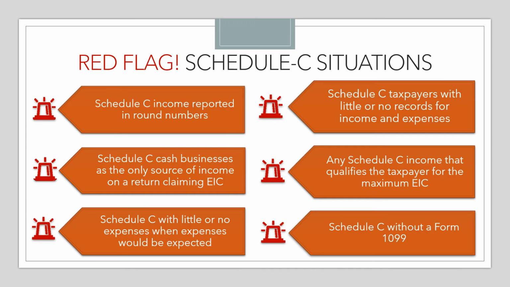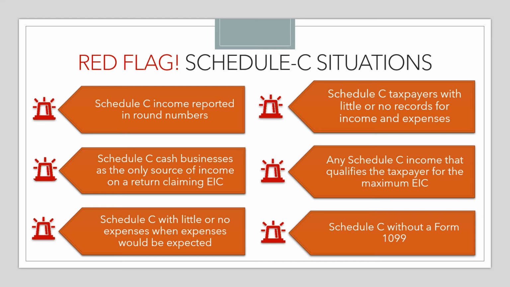Aside from issues that are really straightforward scope issues for VITA, with Schedule C and self-employed income, we do have some extra due diligence to perform. Again, this is something that we do when we are talking with our taxpayers and interviewing them.